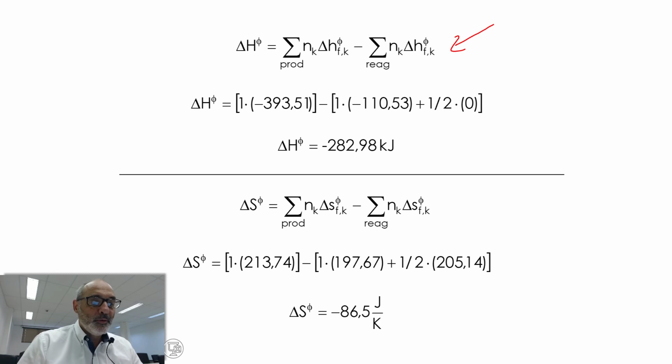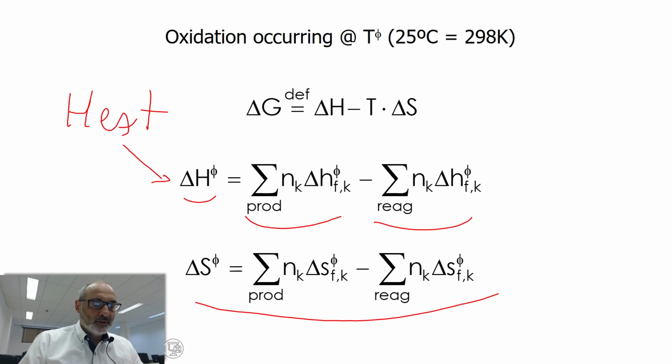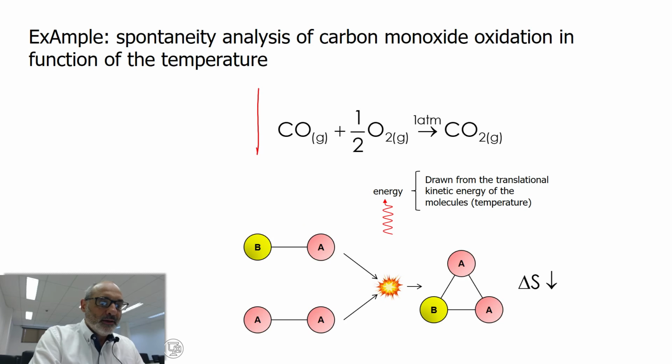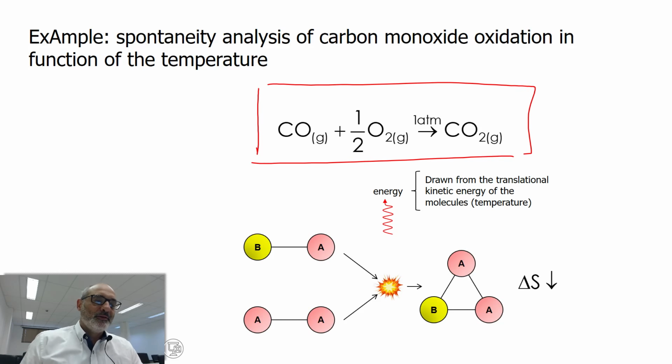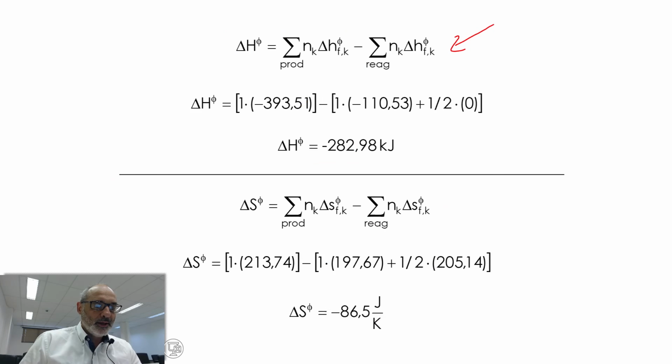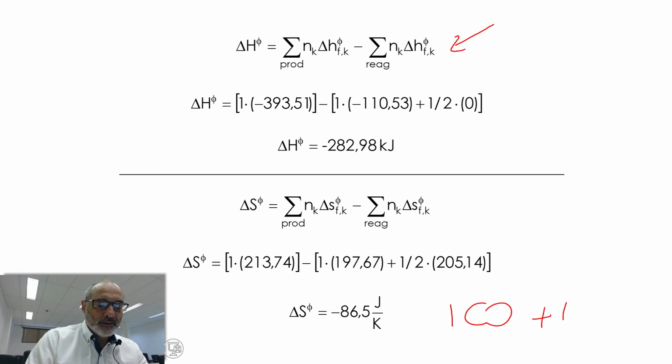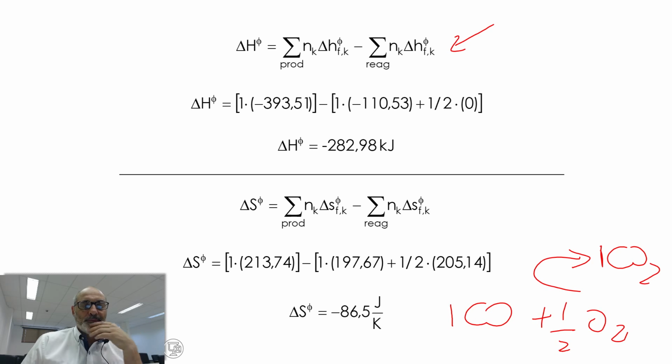When we replace our data, let me go back to the equation. You must think in terms of this equation here. I can write it here: 1 CO plus half O2 giving 1 CO2, 1 molecule of CO2.